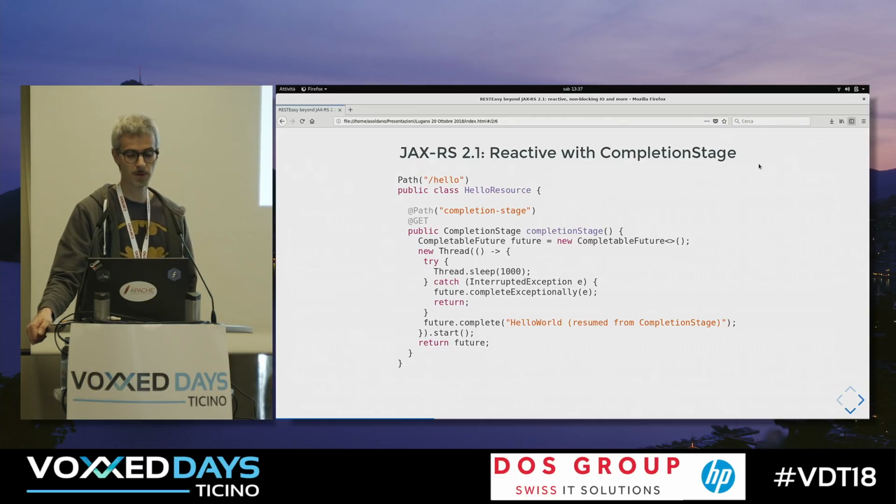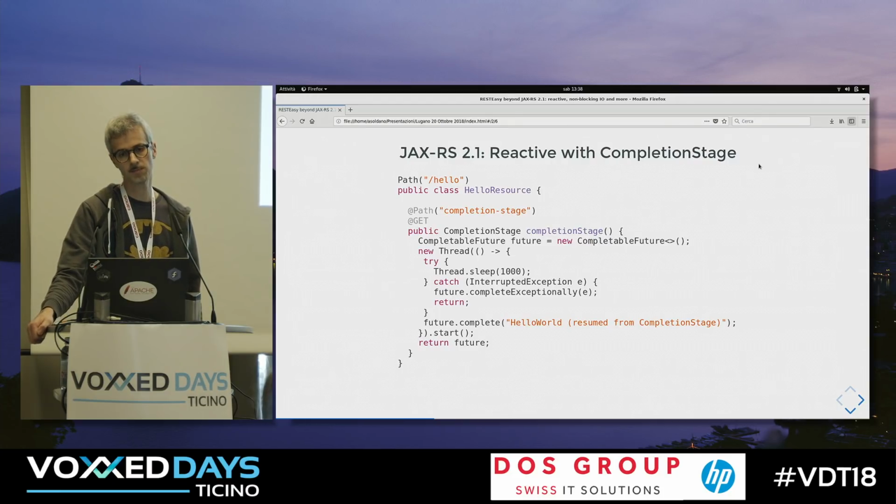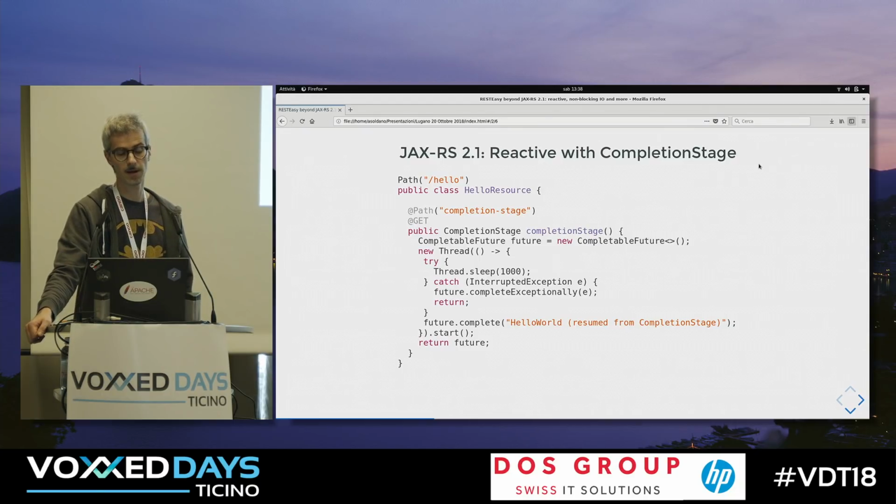For instance, you could instantiate a new CompletableFuture and then return that straight away. Of course, the CompletableFuture would then be completed after the heavy computation that you are expected to do. And then the runtime would automatically suspend execution as if you were using the @Suspended annotation.